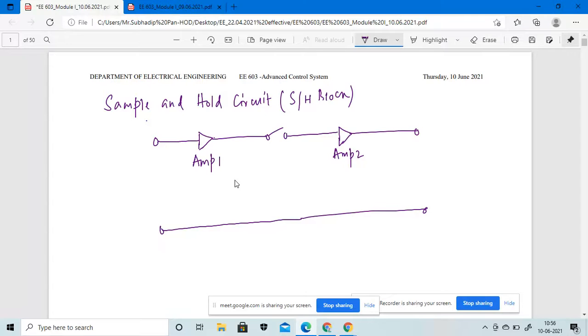And from there we have a sequence command, the sampler command, that means the sample and hold command.